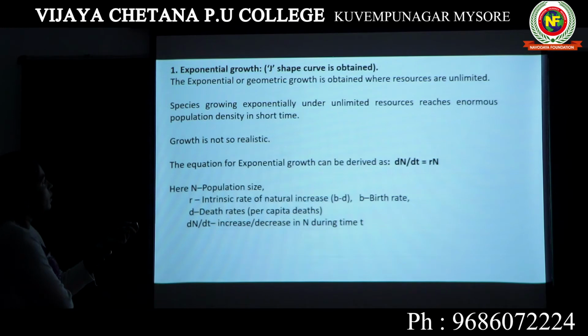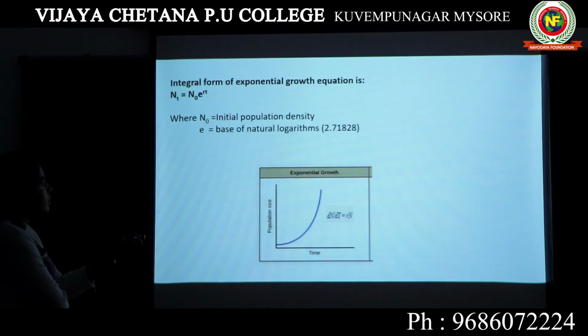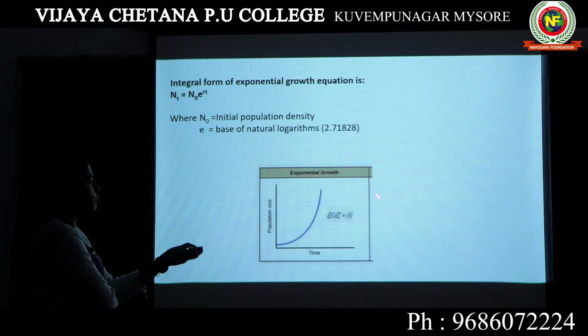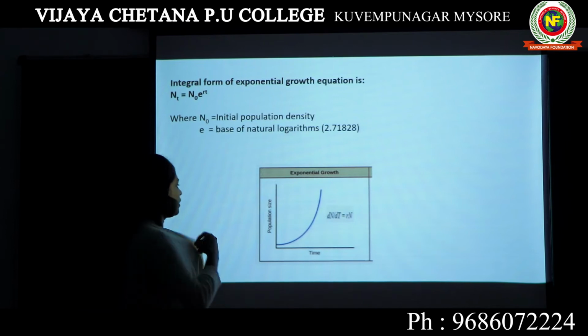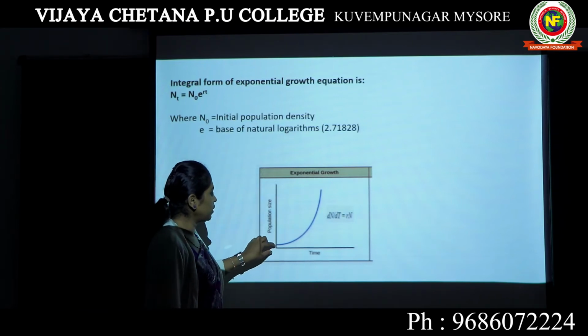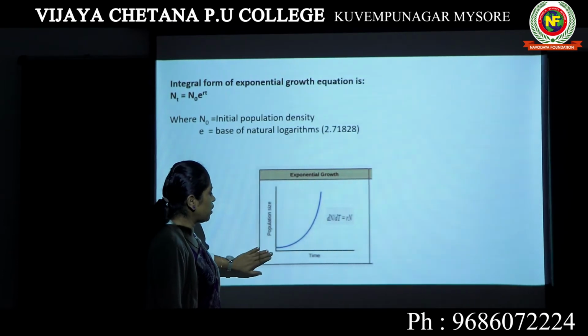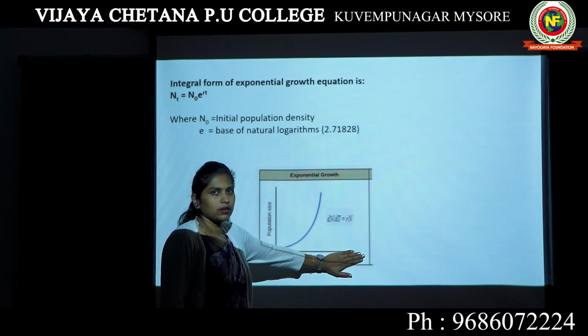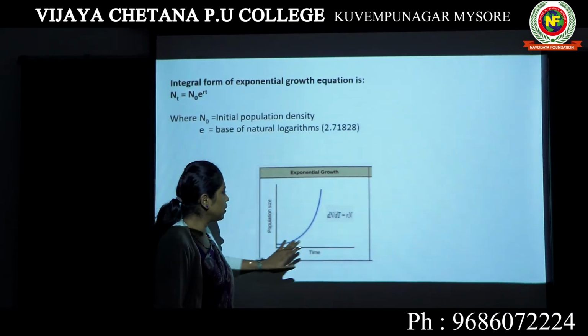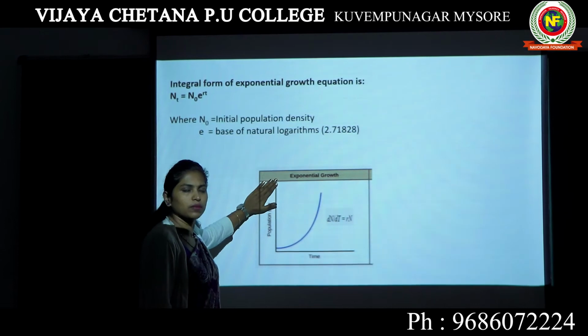Now if we have to explain this exponential growth with the help of a graph, this is how we explain it. So if you see here, this is a graph showing x-axis and y-axis. In the x-axis we have time, in the y-axis we have population size. For example, initially I have inoculated the media with few bacteria. Now as the time goes, the population size also increases.